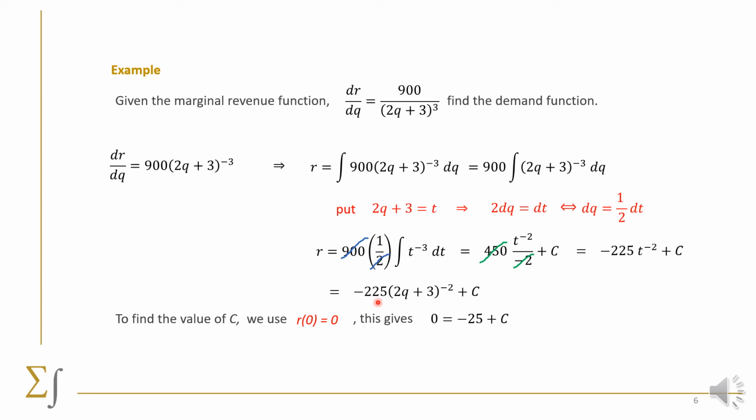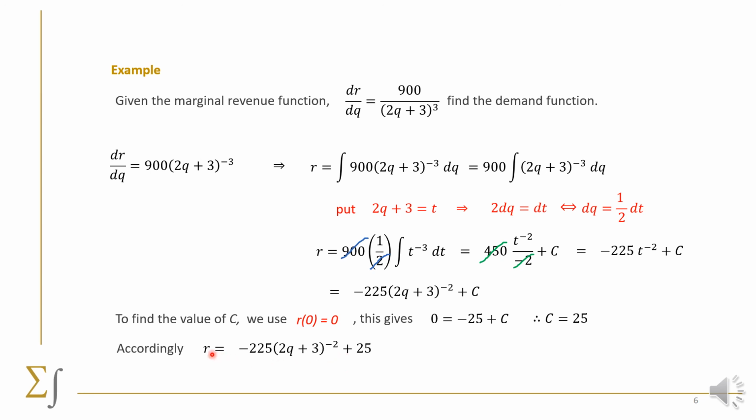And the 9 cancels with the 225, giving you 25, and the minus sign is still here. So we can find from this that C is equal to 25. Now I take this 25 and plug it in here, so I get the revenue function. Accordingly, the revenue function will be as in front of us.